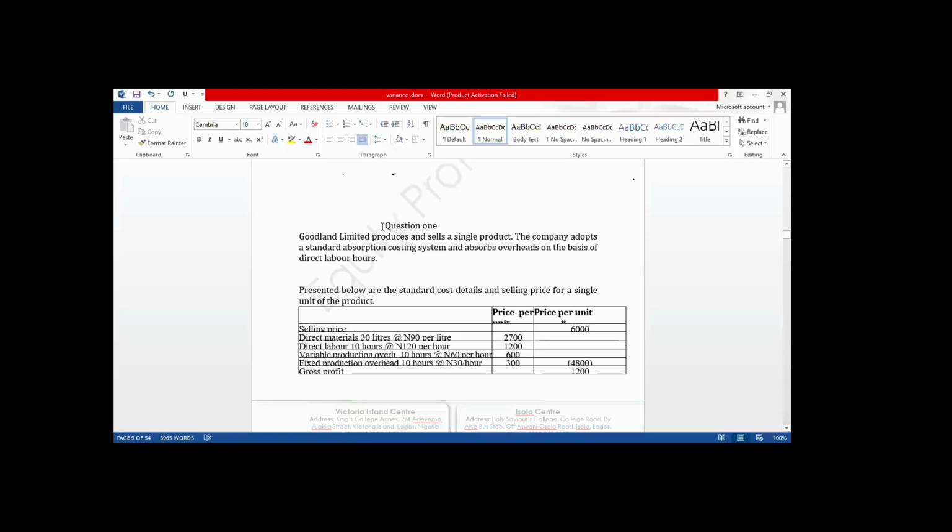Goodland Limited produces and sells a single product. The company adopts a standard absorption costing system. Can you see it? This company adopts a standard absorption costing system and absorbs overhead on the basis of direct labor hours.